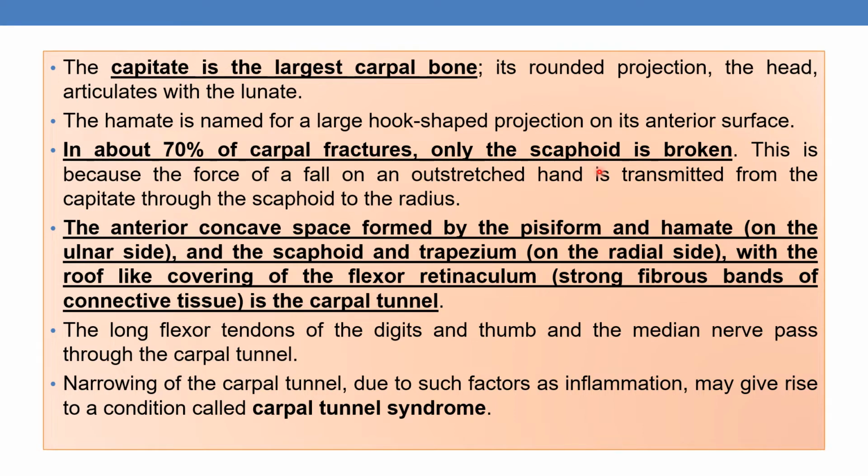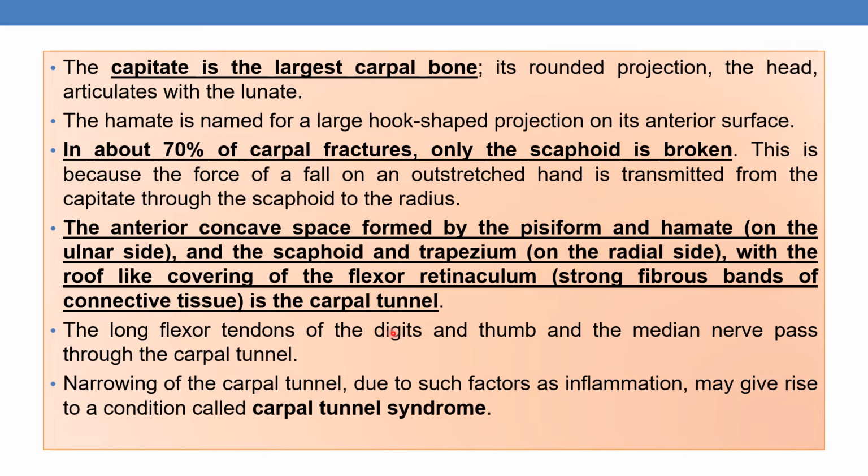This is because the force of a fall on an outstretched hand is transmitted from the capitate through the scaphoid to the radius. For that reason, the most commonly broken carpal bone is the scaphoid.